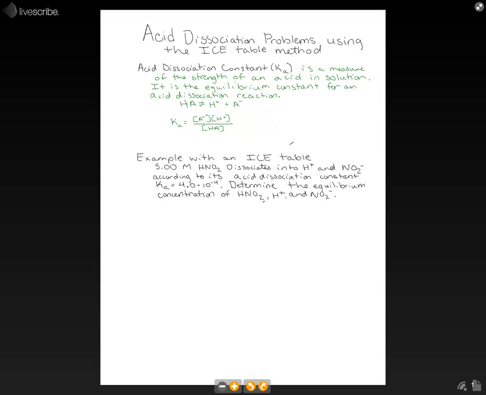So the first thing let's do is set up our reaction. We're going to have HNO2, and it's going to come to equilibrium with its dissociated products, which are H plus and NO2 minus.